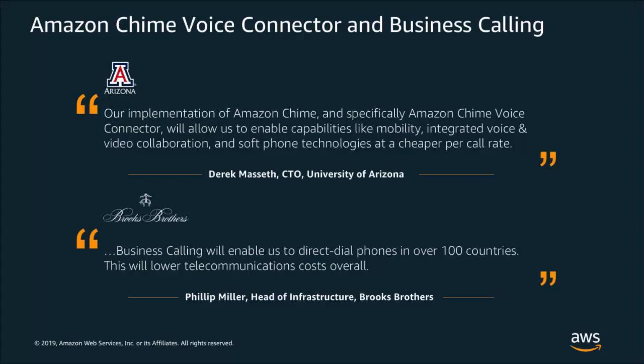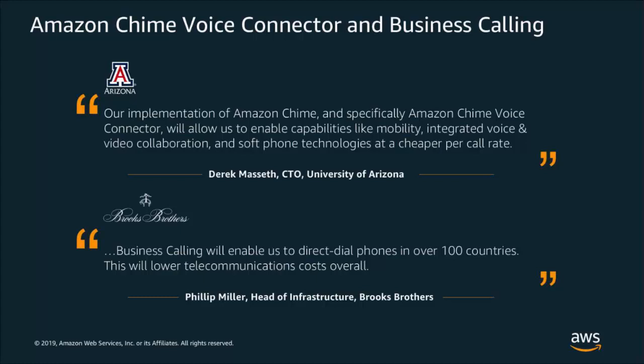Derek Masseth, CTO at the University of Arizona, has said our implementation of Amazon Chime, and specifically Amazon Chime Voice Connector, will allow us to enable capabilities like mobility, integrated voice and video collaboration, and soft phone technologies at a cheaper per call rate.